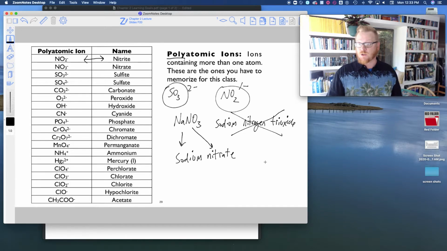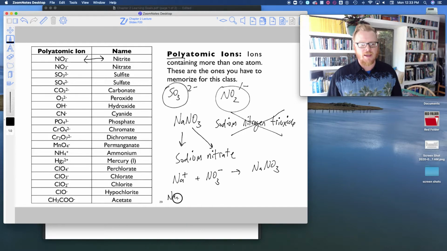As simple as that, sodium nitrate. Because the sodium is Na plus and the nitrate is NO3 minus. So they make a perfect pair, NaNO3. What about another example? I'm going to do that down here. I'm going to write Na2SO4.